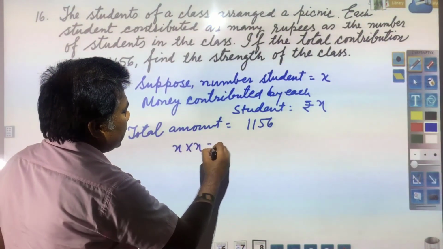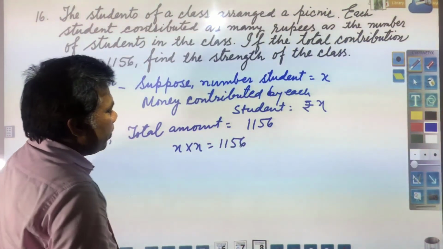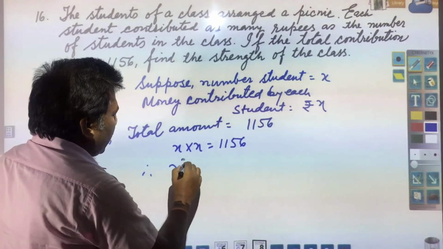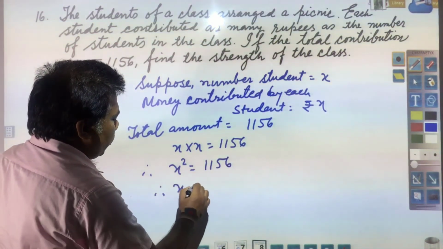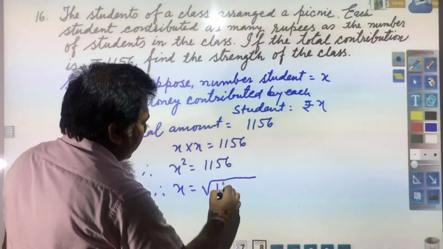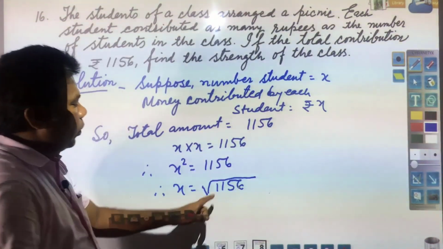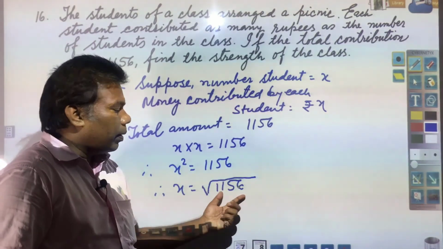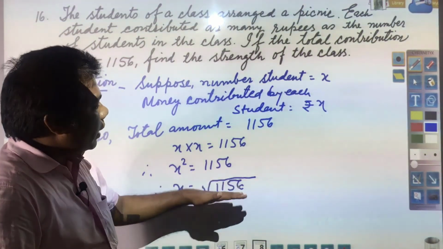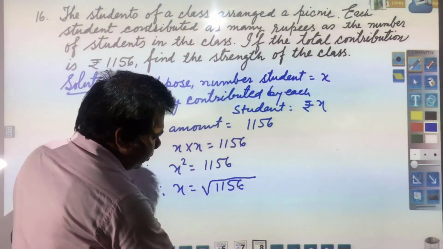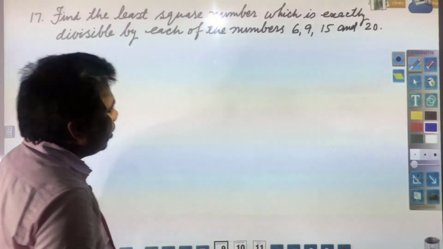X into X is equal to 1156, and therefore X square will be 1156, and therefore X will be root under 1156. You need to find out the square root of 1156 and that will be your answer. So, try to find out and write the answer.